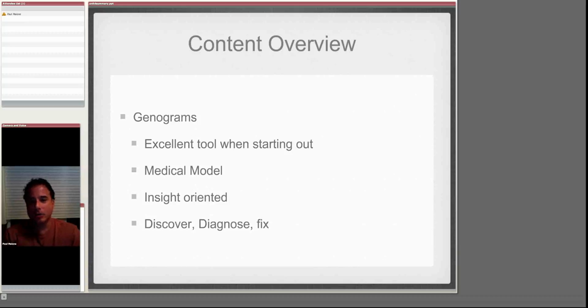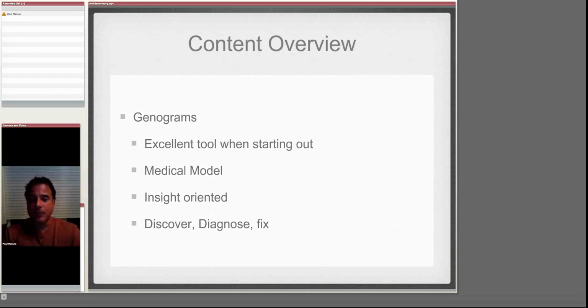So, from the perspective that it's an assessment tool, very much links it to medical model where therapy that helps them to diagnose and figure out.